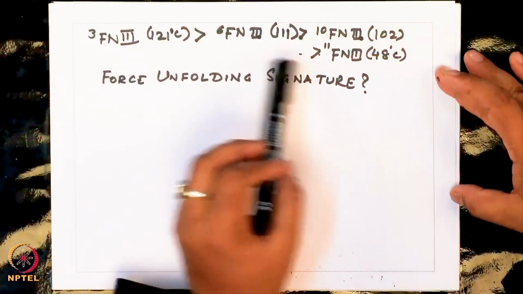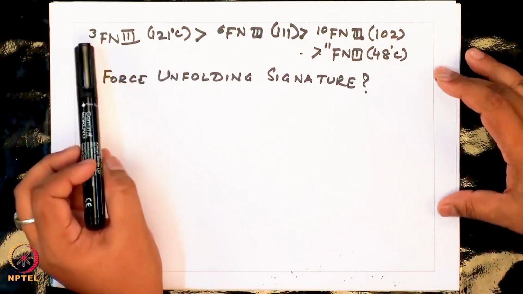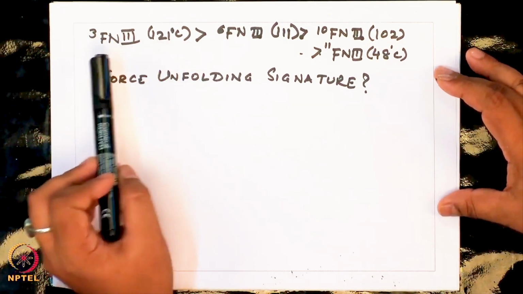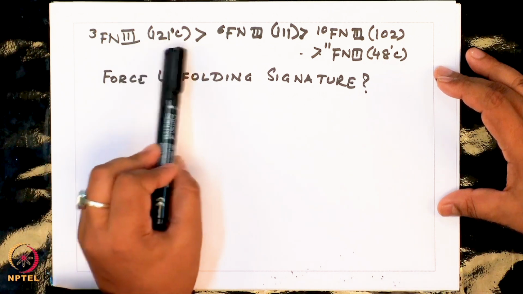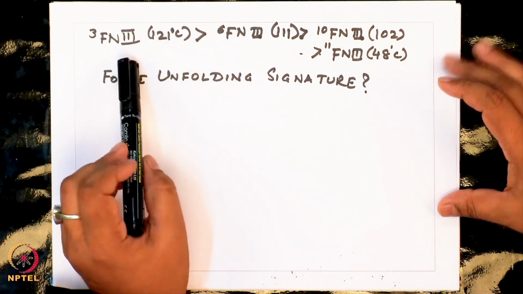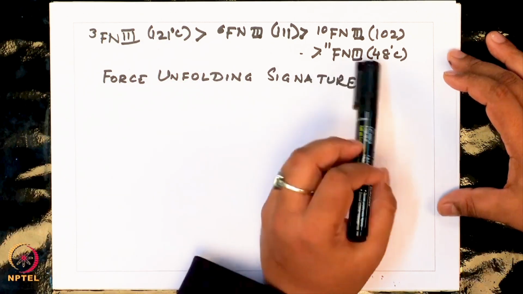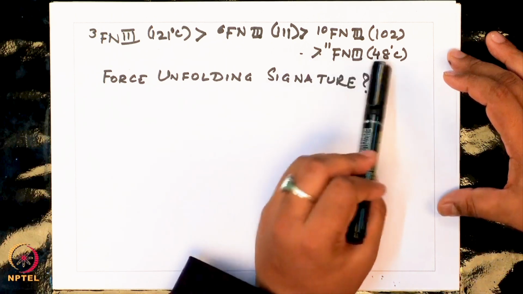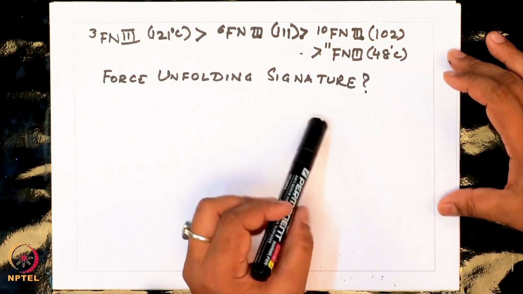Within this folding structure we wanted to ask how individual domains within the FN3 module respond to forces, and does it correlate with our signature, which is here. If you do thermal denaturation, the third domain of FN3 is among the most stable, and it takes nearly 120 degrees Celsius to denature, in comparison to the 11th domain of FN3, which denatures at 48 degrees Celsius.